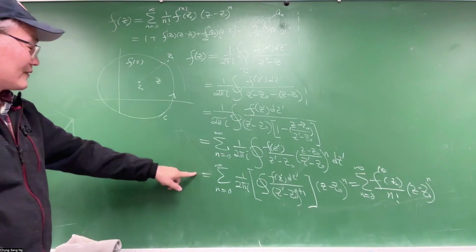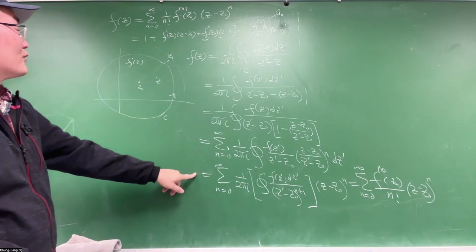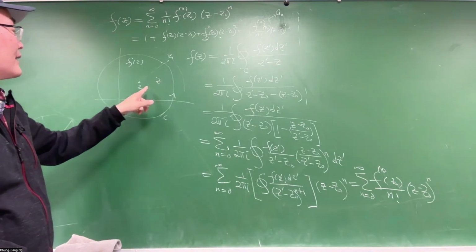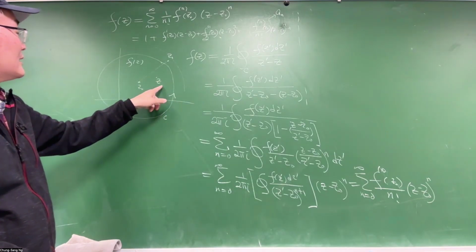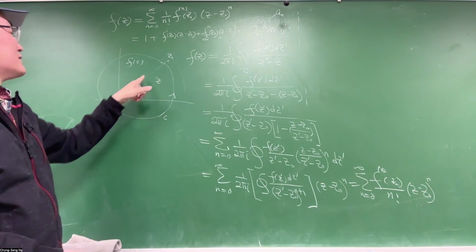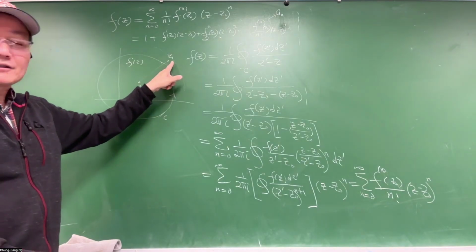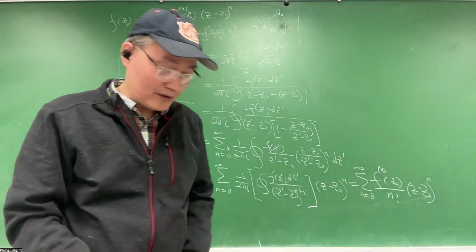And another thing is that this treatment is convergent only when the distance from z to z₀ is less than the distance from z₀ to the closest singularity. That we call the radius of convergence.